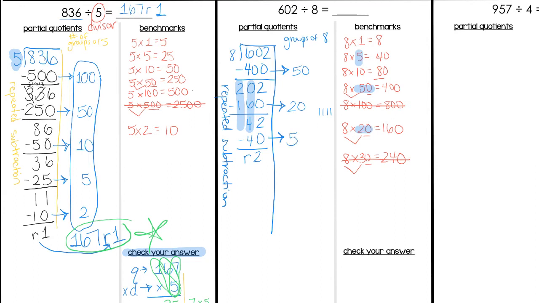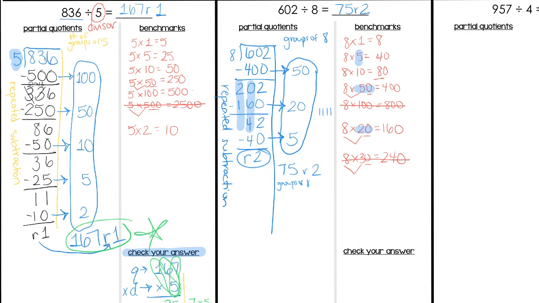Now we need to figure out what's our total number of groups of 8. Well, 50 plus 20 is 70, plus 5 is 75 groups of 8. And then we have 2 remaining. So we're going to write that up here. 75 remainder 2.